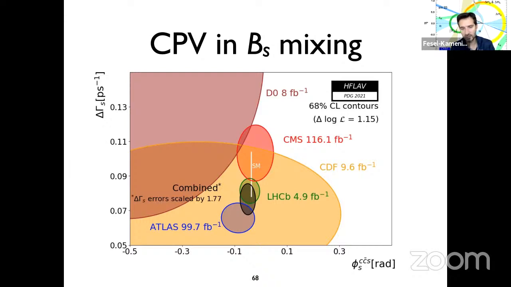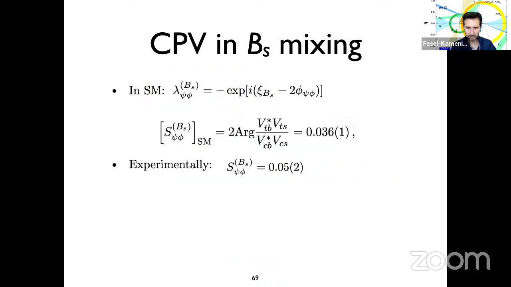And we see that the current experiments have already established that there seems to be a non-zero phase, not with large significance yet, but definitely consistent with the predictions in the standard model. So we're starting to also establish the presence of CP violation in the B sub S system being consistent with the CKM predictions. Okay, so this is the current state of the art also numerically in terms of the standard model predictions of the phase and the current experimental measurements. And they're, of course, consistent.